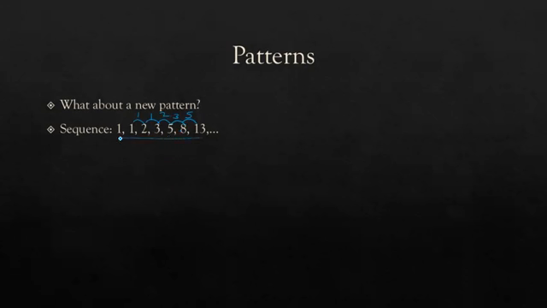What if we add these two numbers to get the next one? 1 plus 1 is 2. So then I add 1 plus 2, and that gives me 3. 2 plus 3 gives me 5. 3 plus 5 gives me 8. 5 plus 8 gives me 13. Now I can see this pattern.